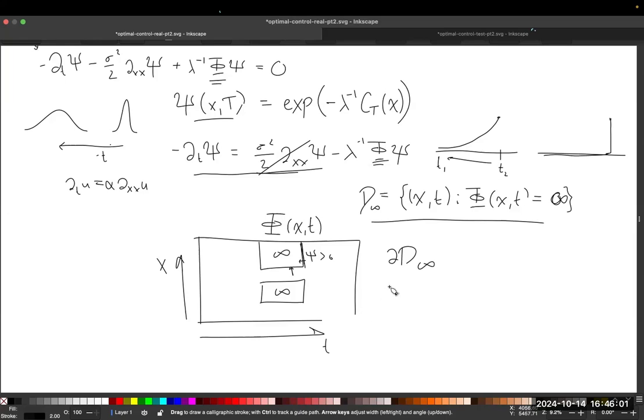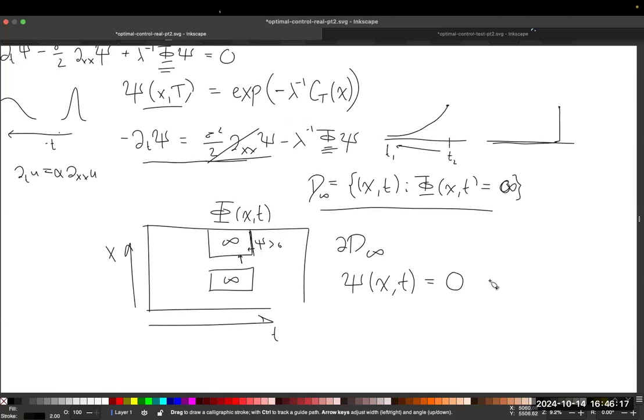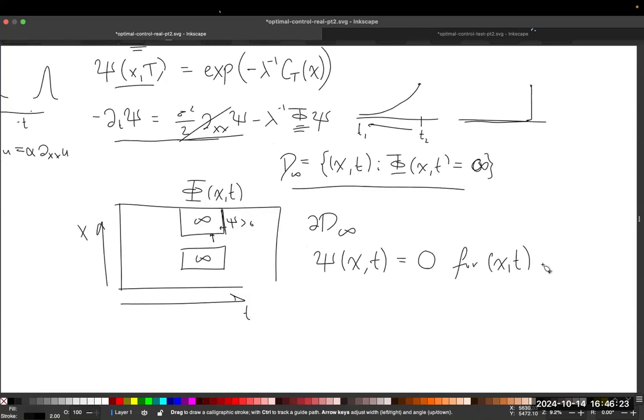So what that means is our psi(x, t) is forced to equal 0 for (x, t) in this partial domain of infinity. And then we've restricted the domain of our PDE to be whatever our original domain is.